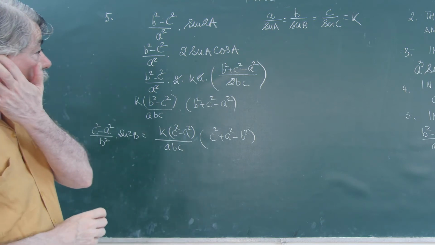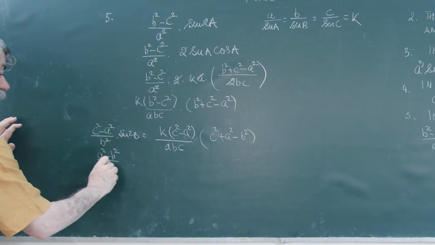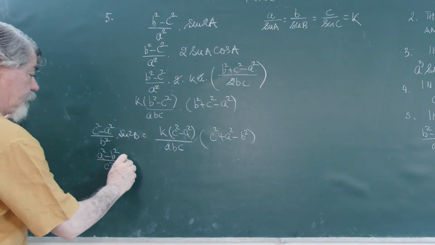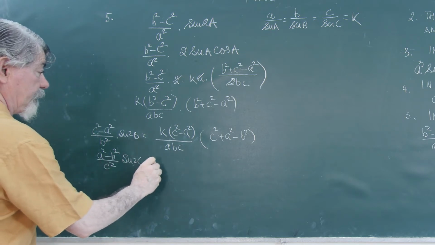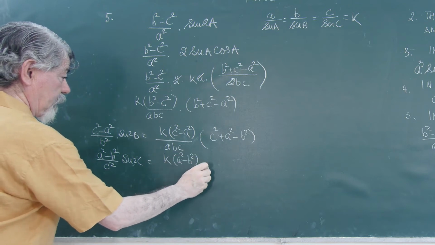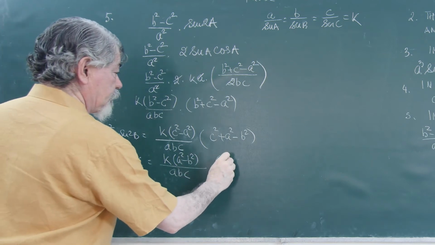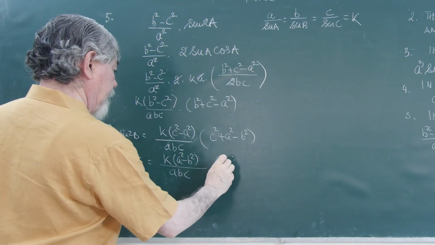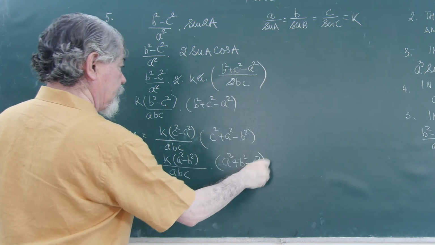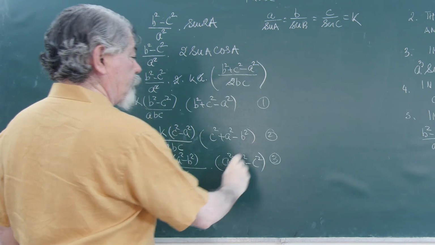And the third one is A square minus B square upon C square into sine 2C. So it will be K into A square minus B square upon ABC, and it will be A square plus B square minus C square. So I have got the first, second and the third component.